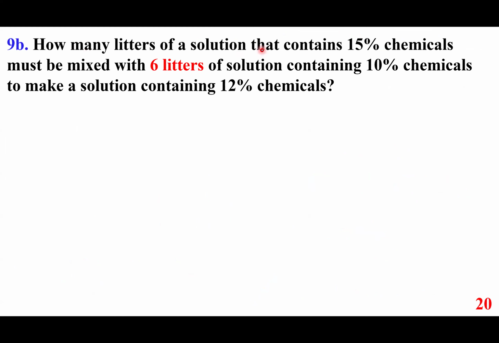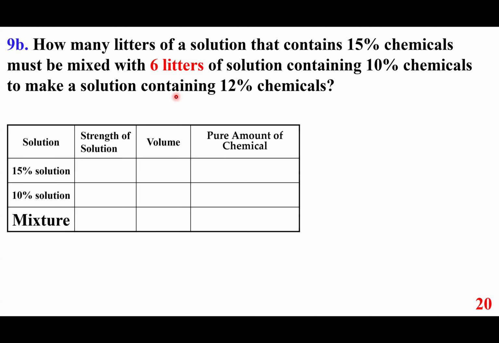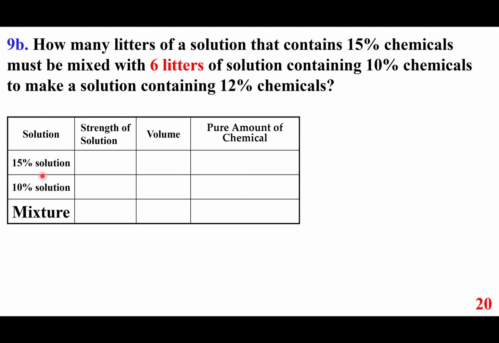How many liters of a solution that contains 15% chemical must be mixed with 6 liters of solution containing 10% chemicals to make a solution containing 12% chemicals? Again, you're looking at a mixture problem. So you need a table that says the type of solutions.